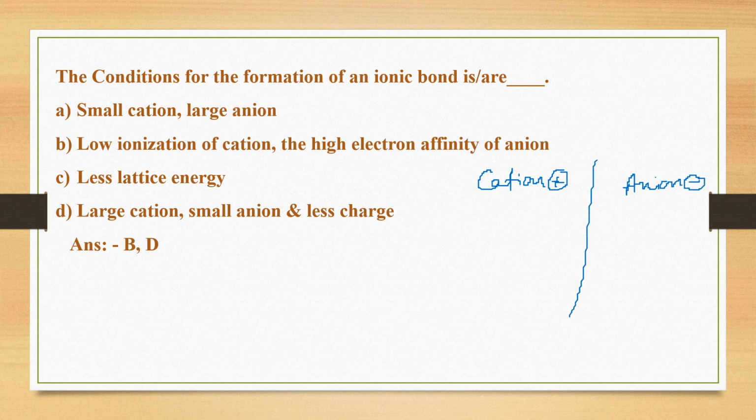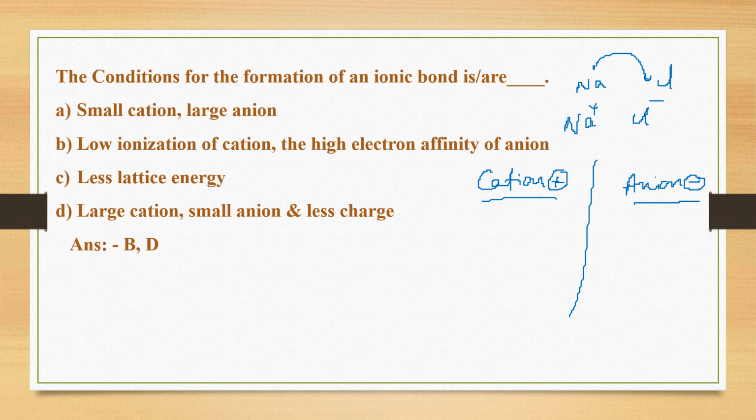Ionic bond means one is donating and the other is accepting, so there is transfer of electrons. Suppose you take Na plus and Cl minus. Na is donating one electron and Cl is attracting one electron, to become ions, which means a stable electronic configuration.